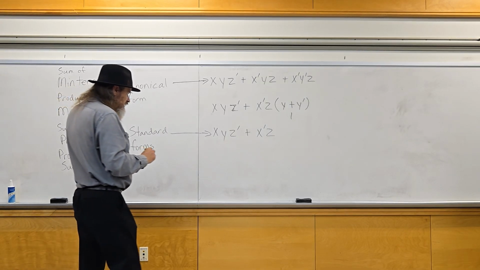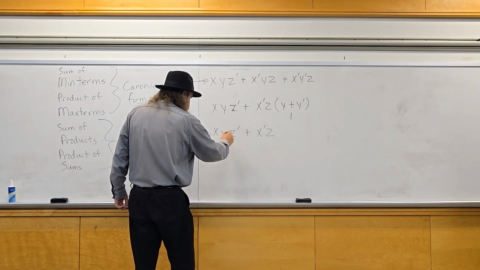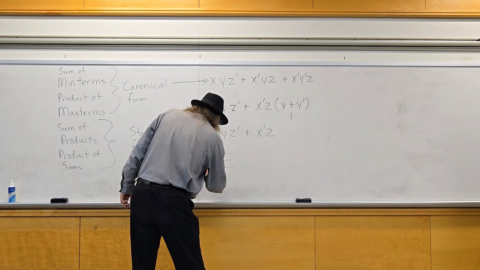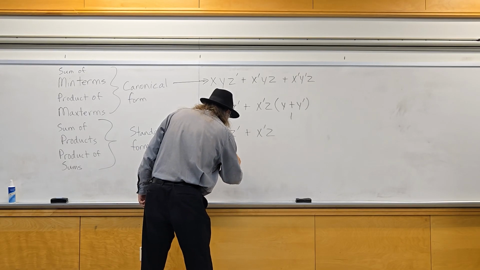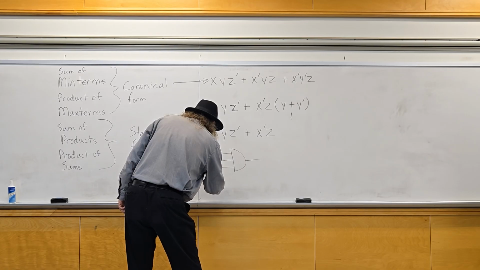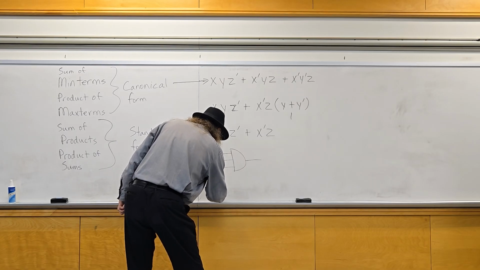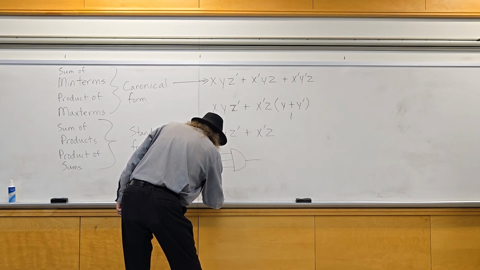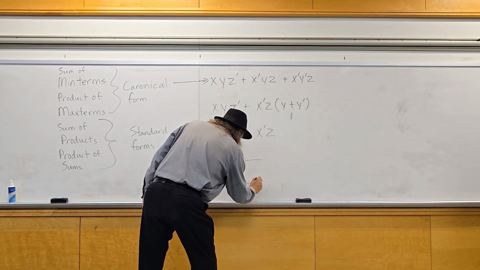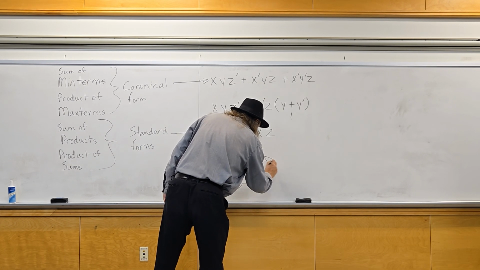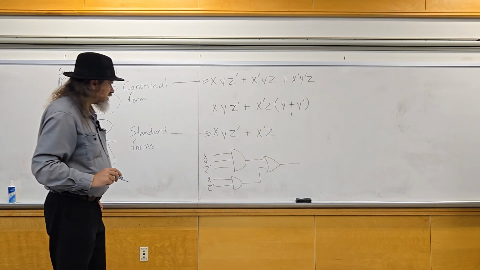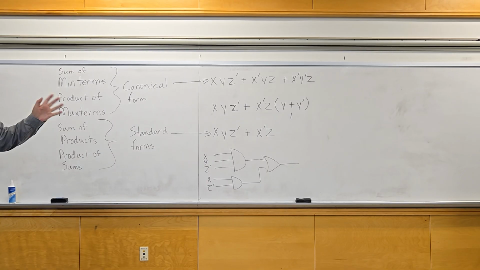Because you have, in this case here, x, y, z prime, and x, z prime, and you have it's just two levels.